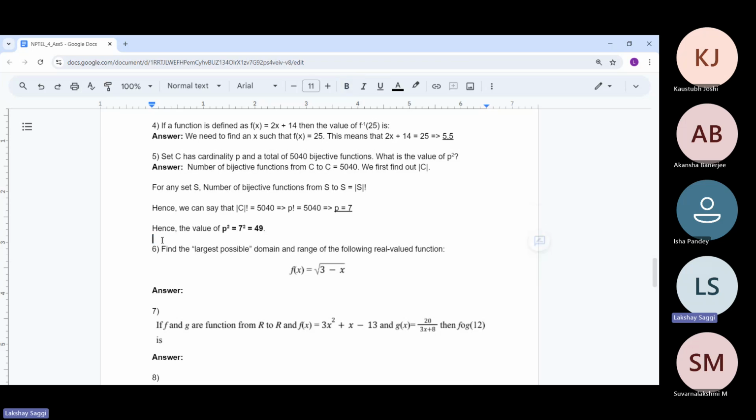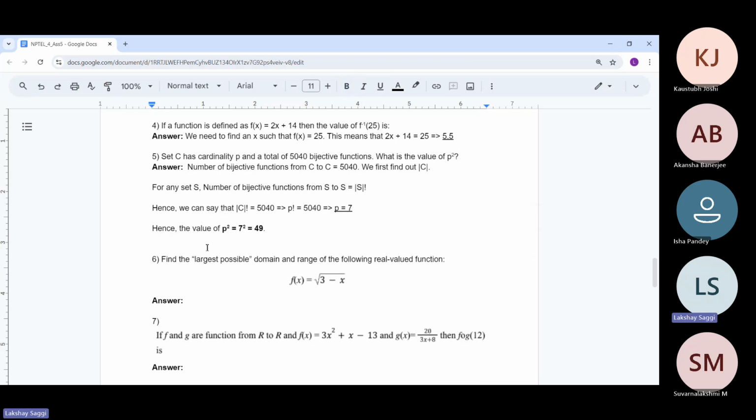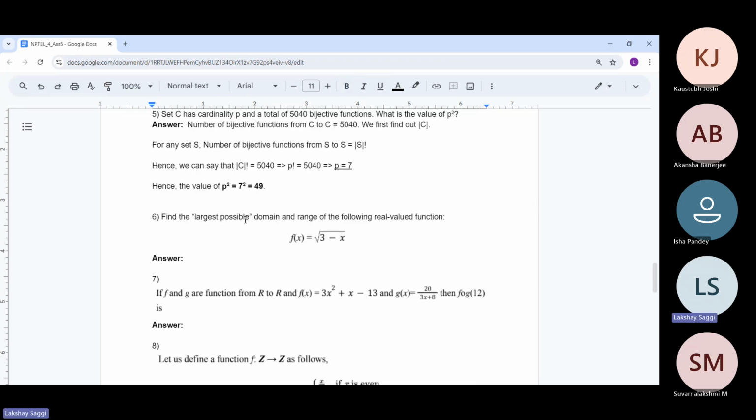Then we can move on to the sixth question. The sixth question says: find the largest possible domain and range of the following real valued function. So we are given a function f of x equal to square root of 3 minus x.